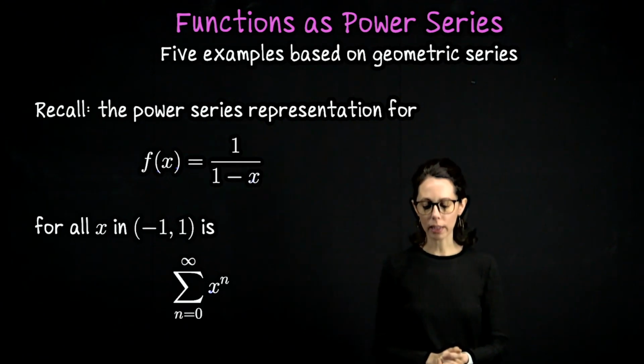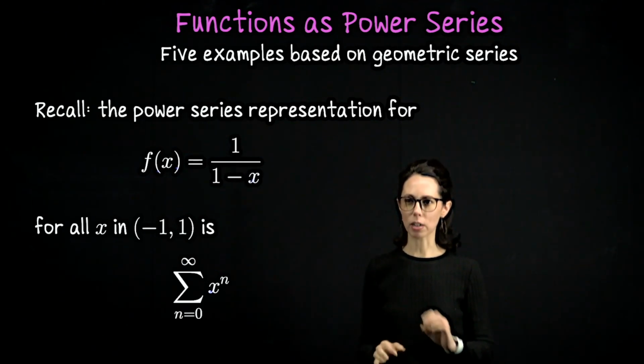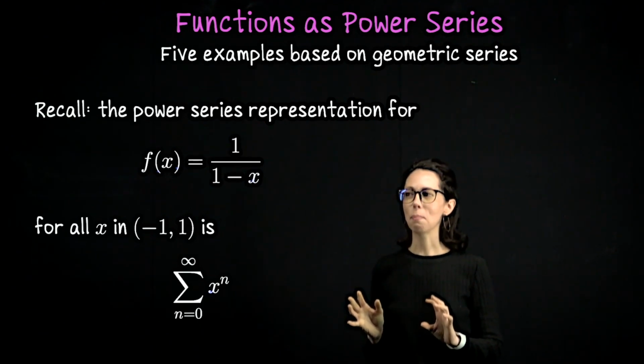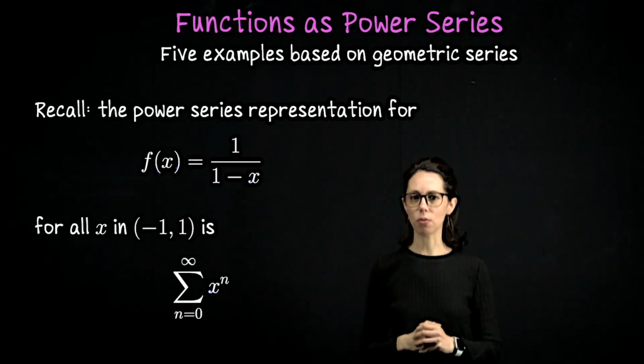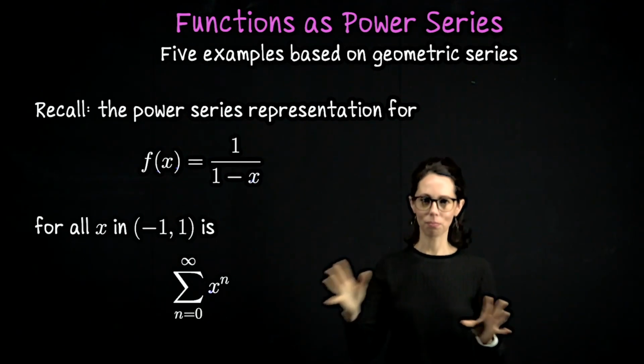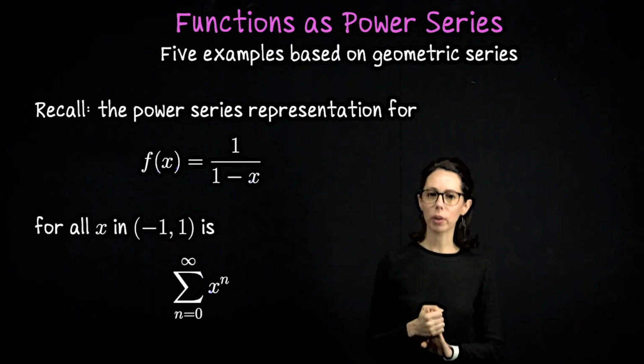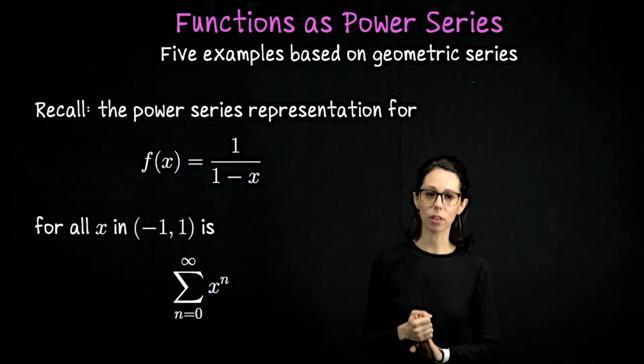So the goal is to first take the function, do the adjustments. That's usually the hardest part. So figure out how to make it look like an alteration of this known function. Then once we've done that, bring in the power series. So we'll do 5 examples. Then as we wrap up each example, we will identify the radius and interval of convergence.